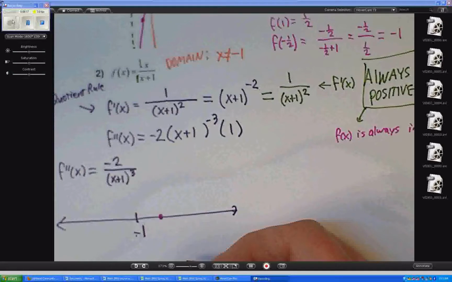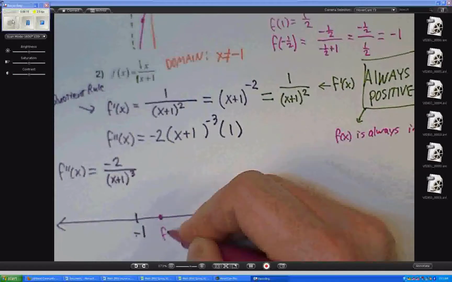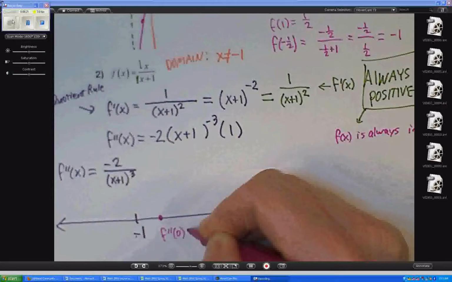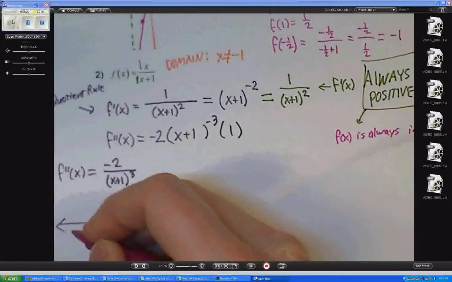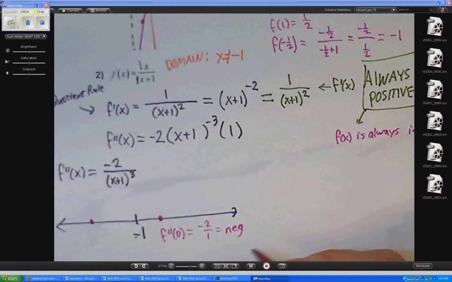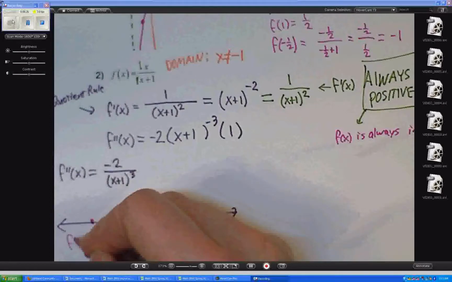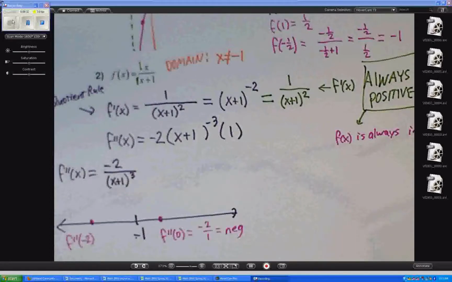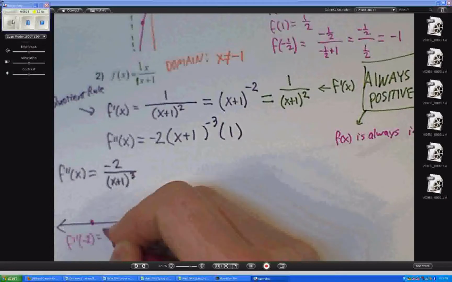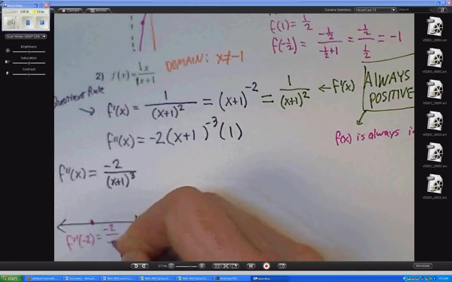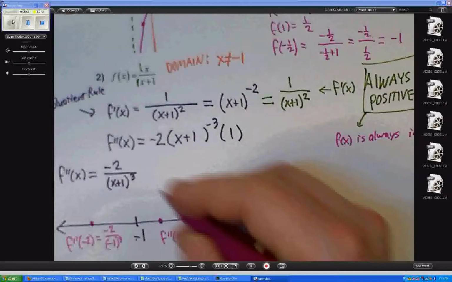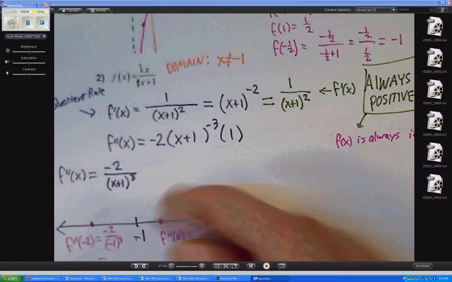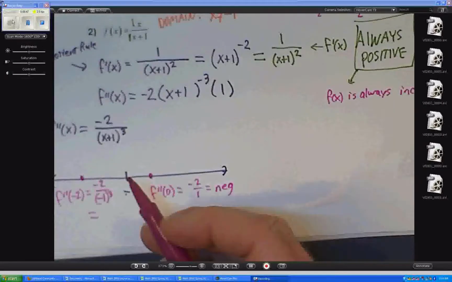So f double prime of 0 would be -2 over 1. It would be negative. But if I do something like f double prime of -2, I get -2 over -1 cubed. What would you say about that, guys? Would you guys agree? Is that positive? Because when you cube a negative, it's still negative. So this is going to be positive.